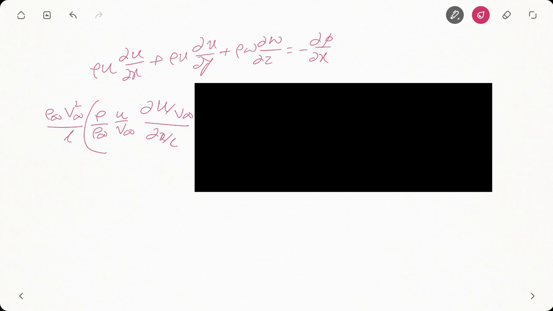So for non-dimensionalizing p, we write dou p by, oh sorry, not p infinity, rho infinity and v infinity square, divided by dou x upon L. L will be there here also.